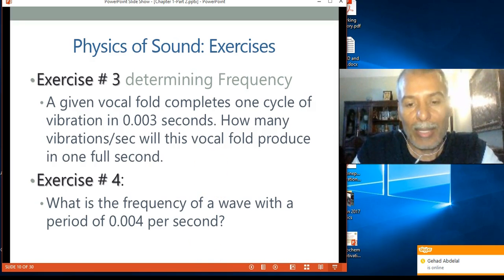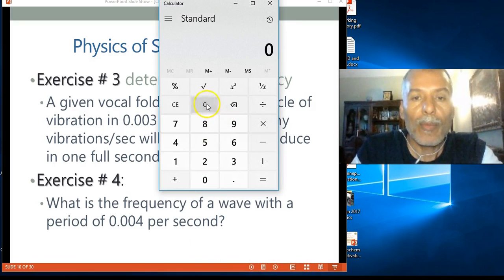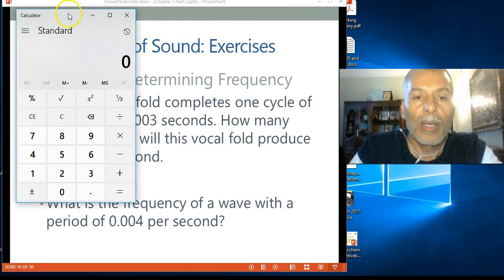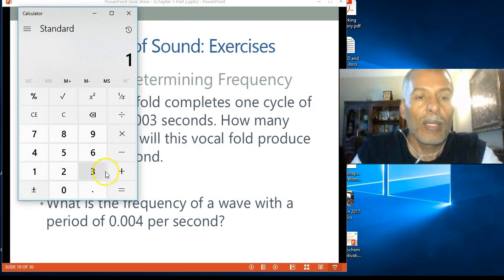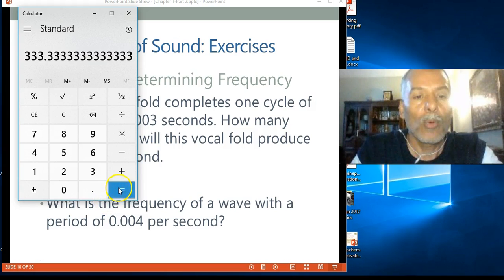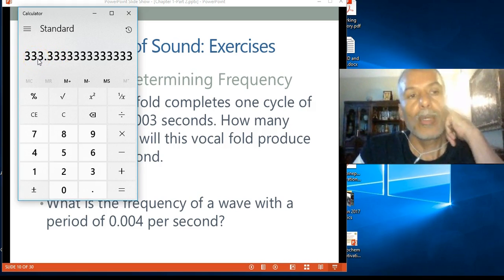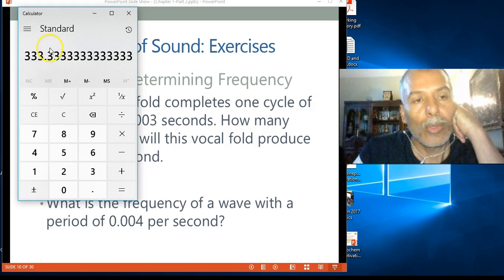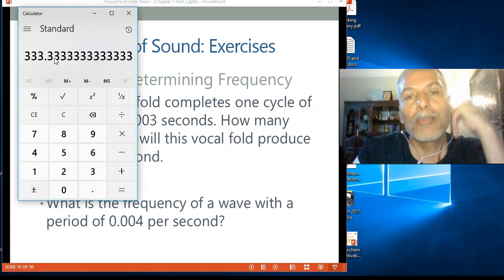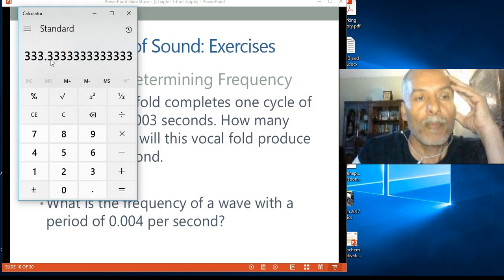So again, we say 1 divided by 0.003 equals 333.33. So when you write these numbers, you can go 2 after the point, you get 2 numbers, and you don't have to round, just put them as they are.